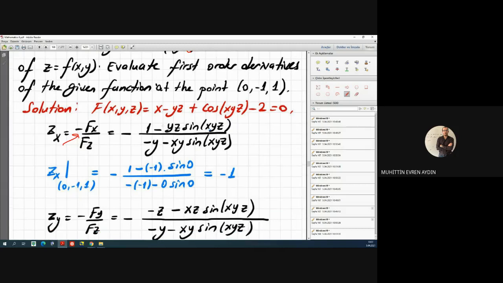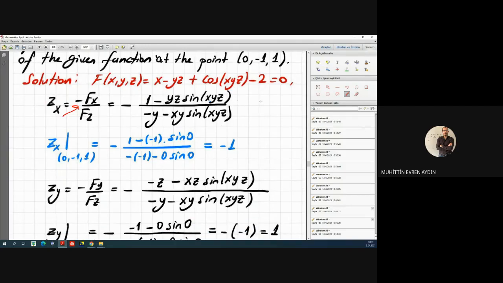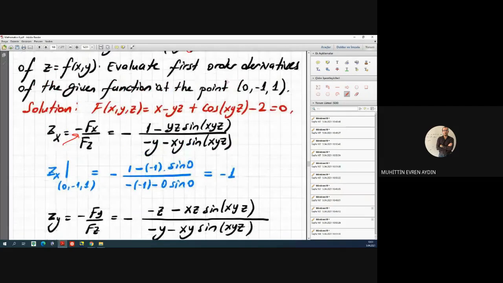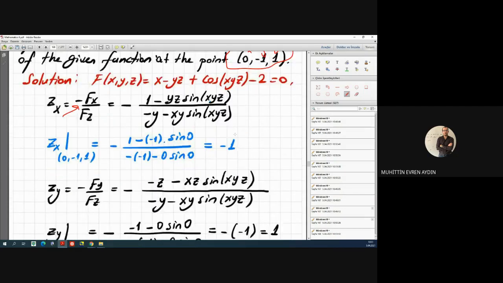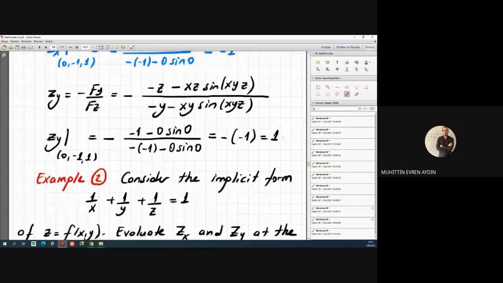And after doing this job, we obtain this equality. But the question is given at this point. So we replace with x is 0, y minus 1, z 1. Then we obtain this. And similarly, another derivative.